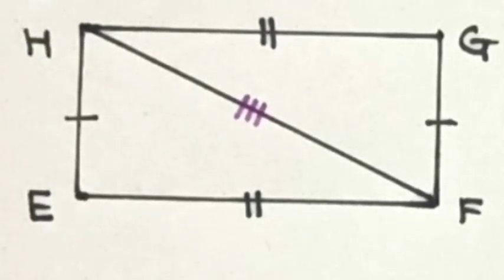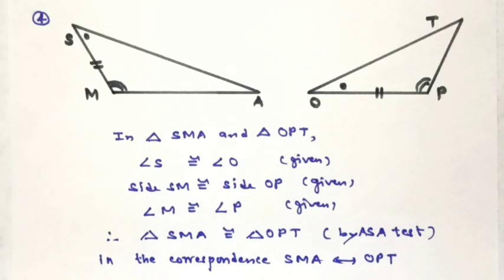Very well, you can say H goes to F, E goes to G, and F goes to H. Question number 4.